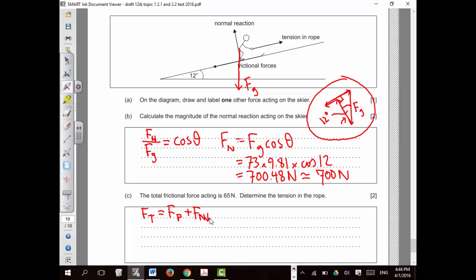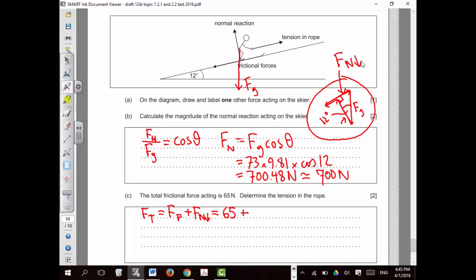So that's the downhill, along the slope component of the normal force. Okay, and so what that means is that it's going to be 65, so it's got to cancel out the friction, and it's got to also provide enough to keep the person in equilibrium. And so we want that side now, and we know that this is what we have labeled as Fn down, right?